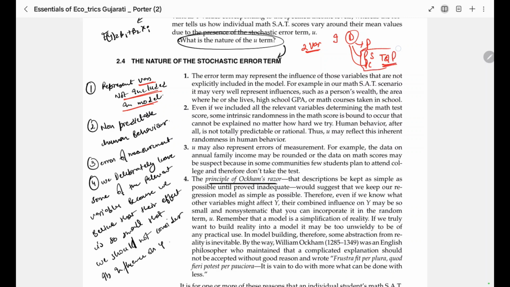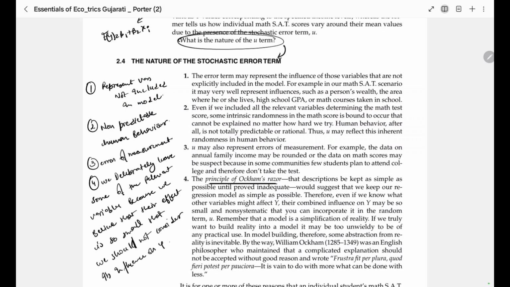We are not including all those factors. These lead to our error. Similarly, in our SAT example, we only took income and score. There are other variables that affect scores, like your IQ level. We could have included that also, and there are many such variables you can think of. Such missed variables lead to the error, that is ui in population data. This is the first feature of the error term, or why the error term is there.